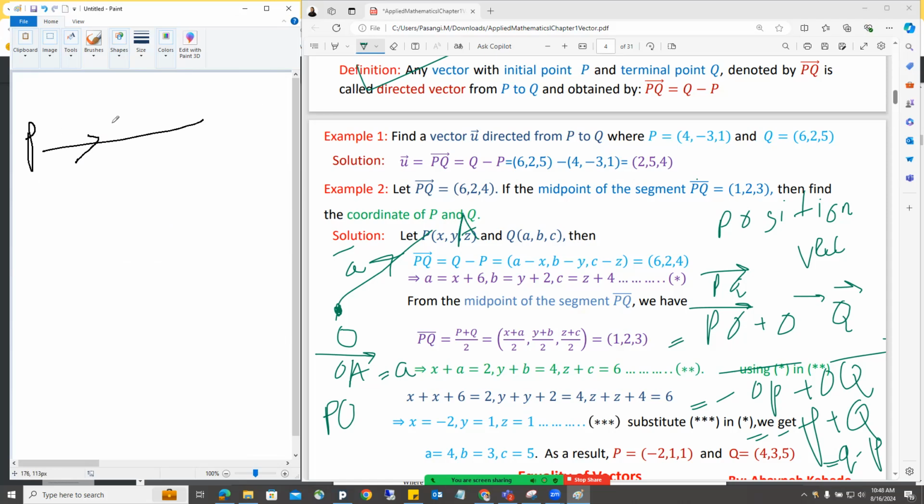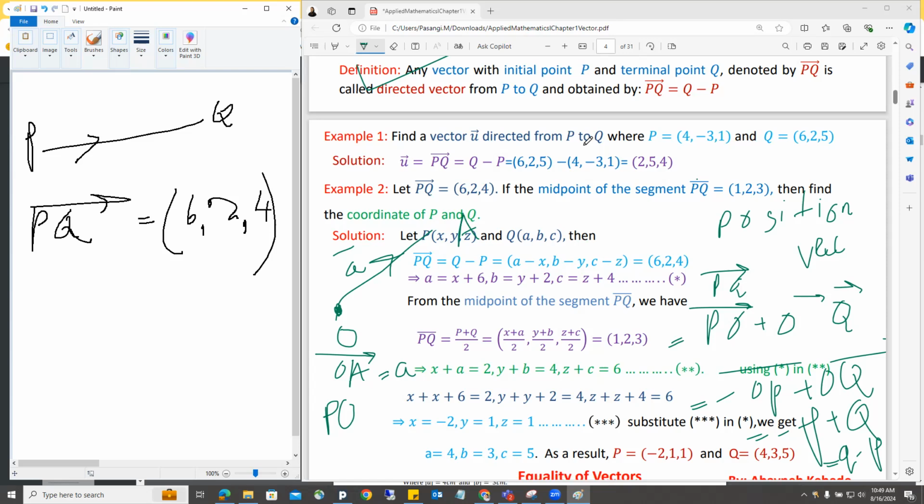Okay, so let's assume we have P here, Q here, and the PQ vector, that is 6, 2, 4. On this one, they ask us to calculate the midpoint of the segment.